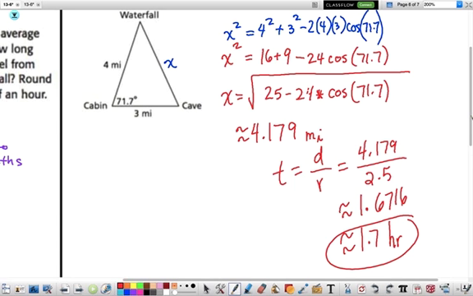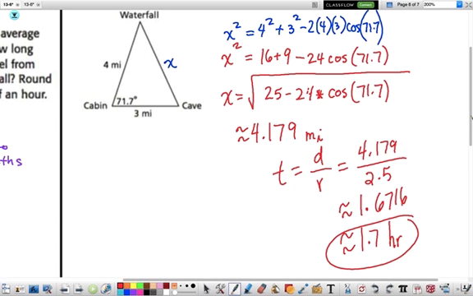$49, $64, $81. 8 times 7 is 56, times 2, 112.